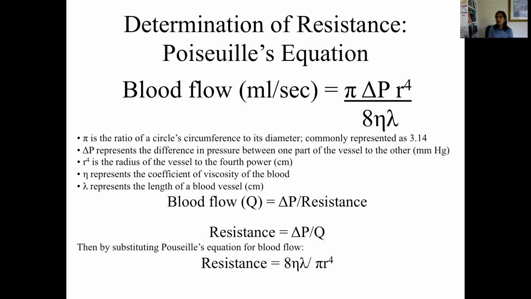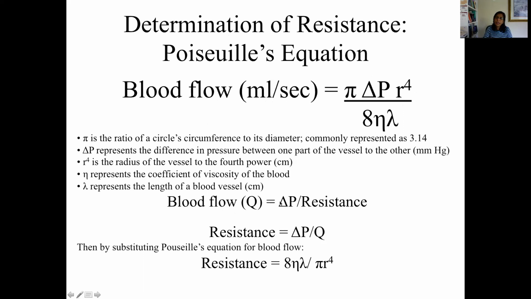These are some factors that generate resistance: thicker blood and a longer vessel, whereas pressure is directly proportional. These are inversely proportional. All right, so using this formula, we can determine blood flow by moving the equation around.